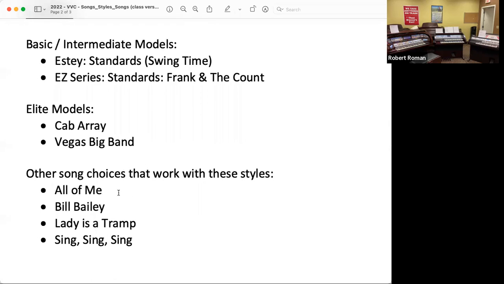And you'll see that a lot of times I take these styles and do medleys using these songs. The one that I commonly do is Bill Bailey and Cabaret together. And sometimes Sing, Sing, Sing.